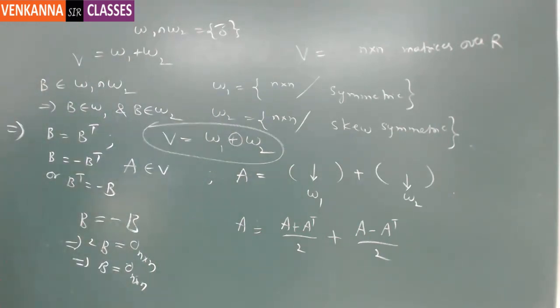So please take a note of that. You should be able to say that every element in V can be represented as a sum of two values, and the second one is that the intersection of the two subspaces is 0. That's it.